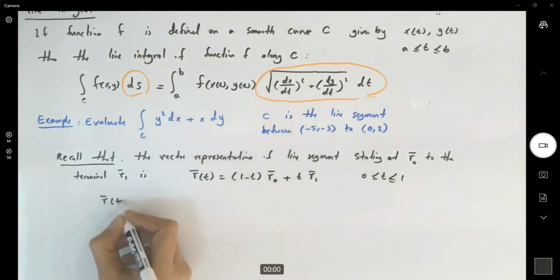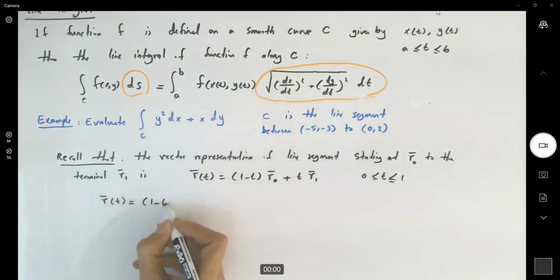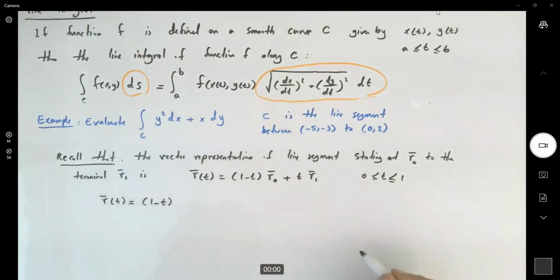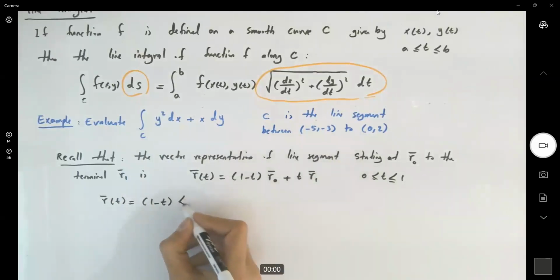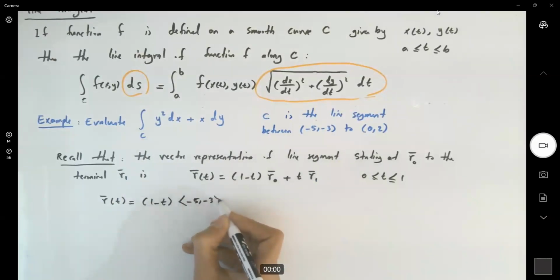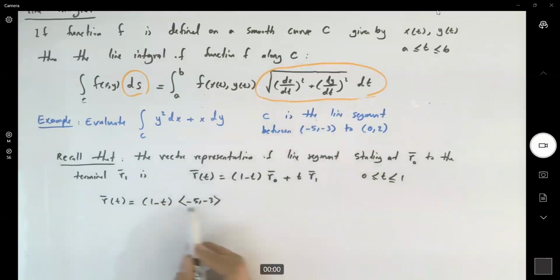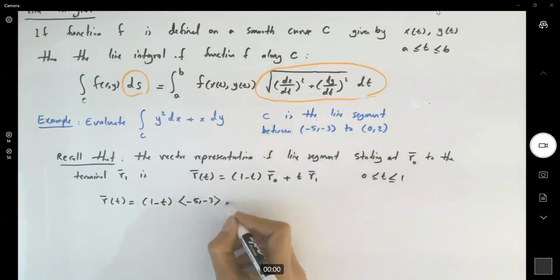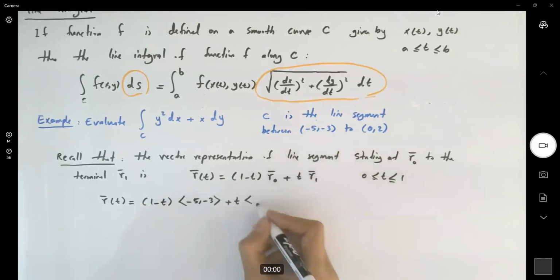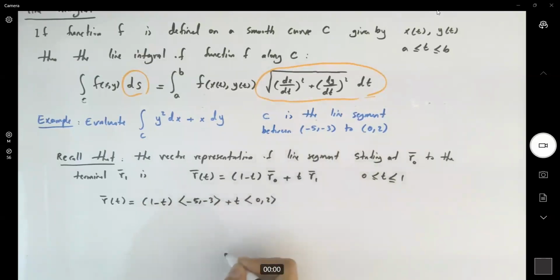R of t is equal to (1 minus t) times the initial point, (-5, -3), written in vector format. As you can see, I'm changing this parenthesis into vector symbol, plus t times (0, 2).